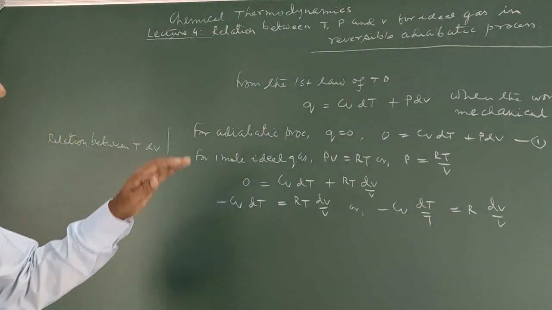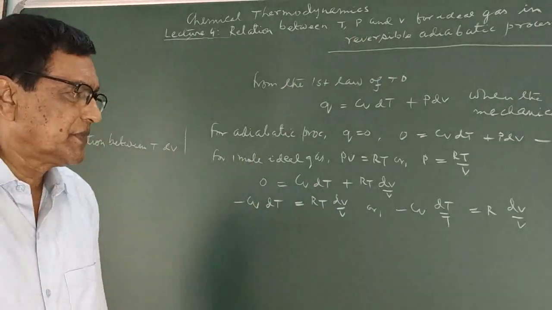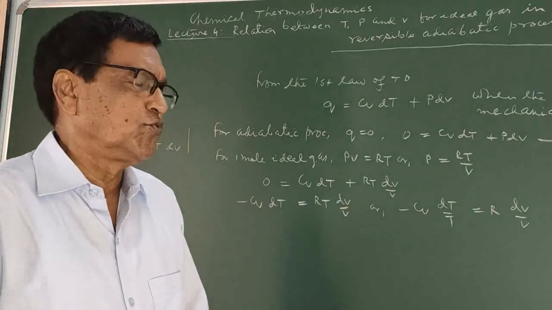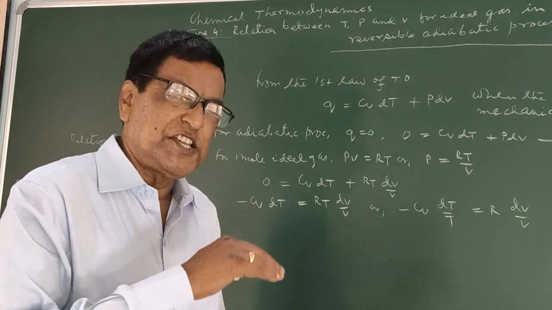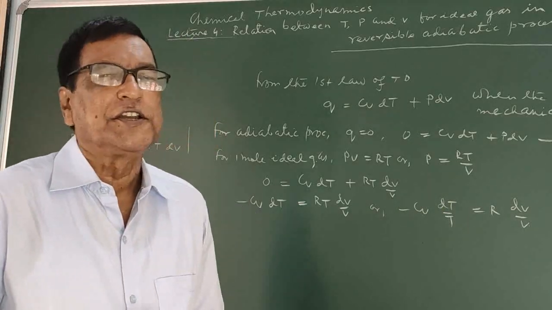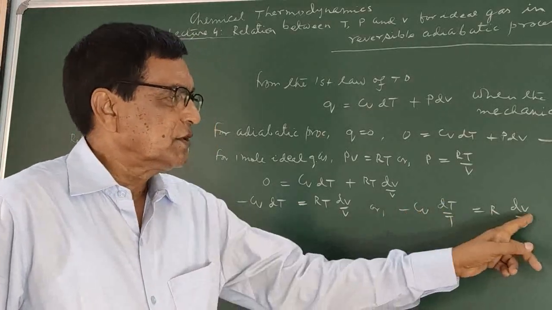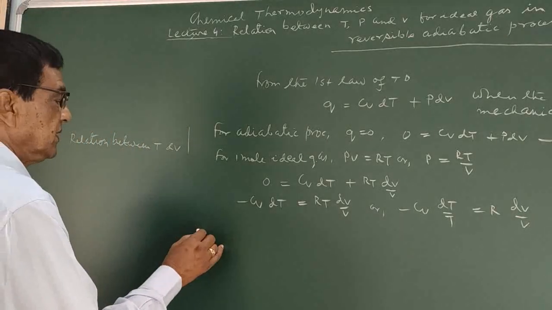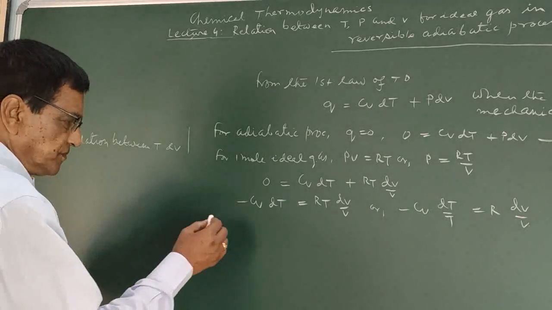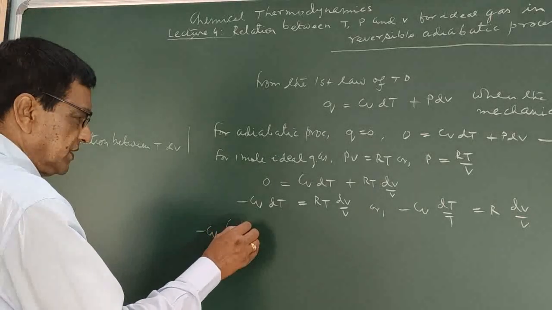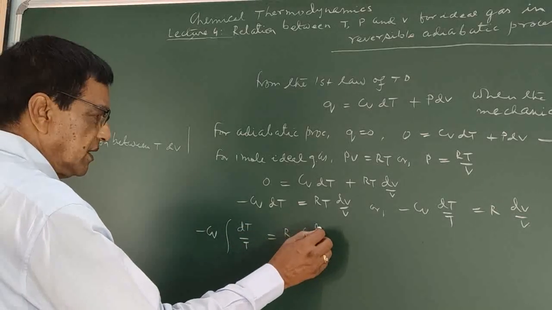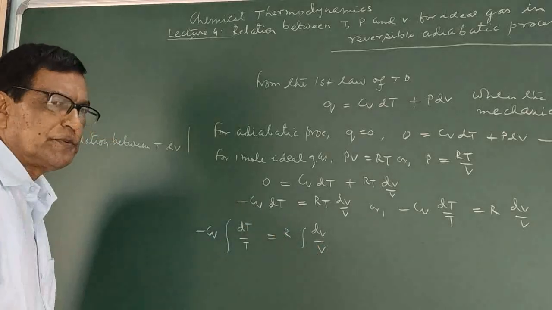Now, since this process is reversible, all the parameters are changing by infinitesimal amounts, or change continuously. So we can integrate these two terms, and assuming Cv is constant, independent of temperature, we can write minus Cv dT by T equal to R dV by V. R is the universal gas constant.